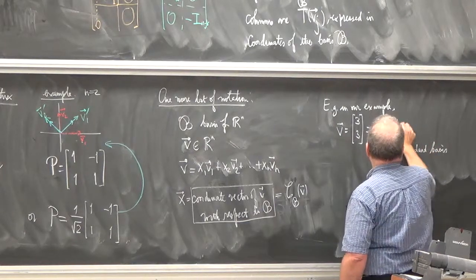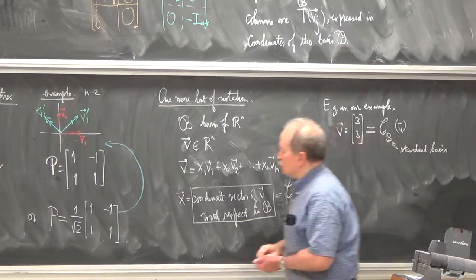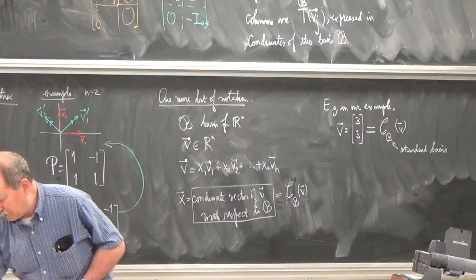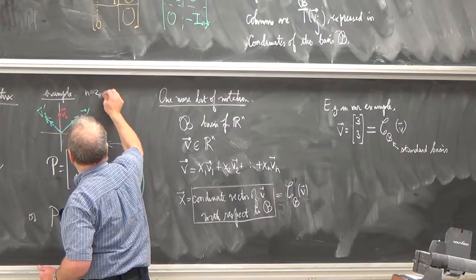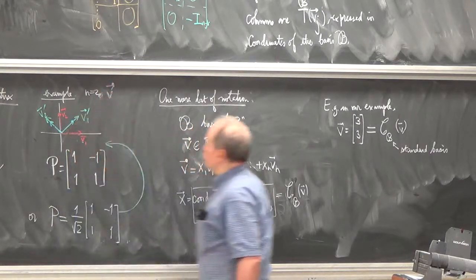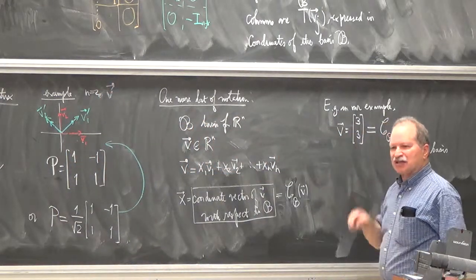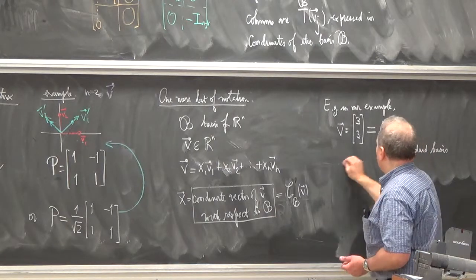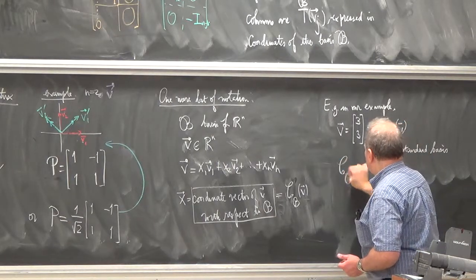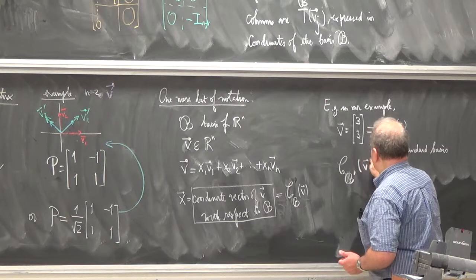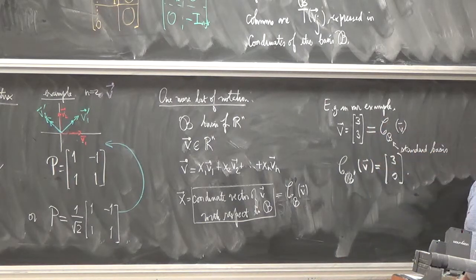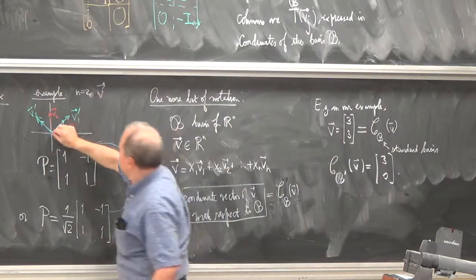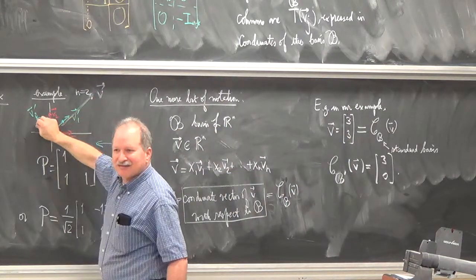Wouldn't it be 1, 1? No, this is new. So here's the vector I'm looking at. This is V, which in the standard basis is 3, 3. What is its coordinate vector in the prime basis? 3, 0. There you go. It's 3 of these guys plus none of those.